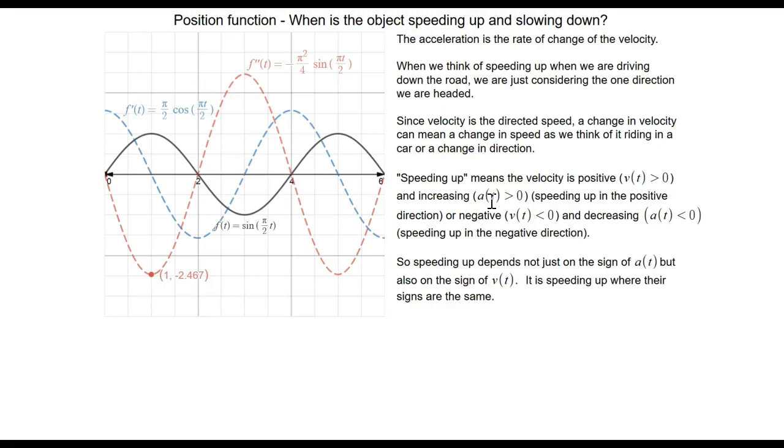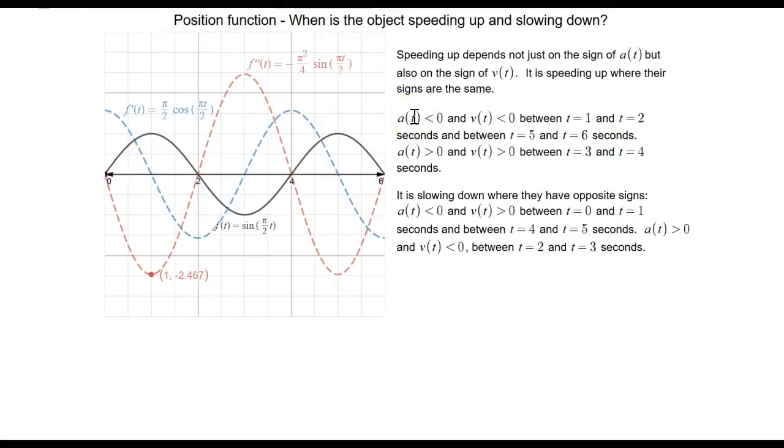In other words, I'm getting a push in the direction of the particle. They're both the same. So speeding up does not depend just on the sign of the acceleration, but also on the sign of the velocity. If their signs are the same, it's speeding up. So we want to compare the acceleration and the velocity and see where they're both the same sign.